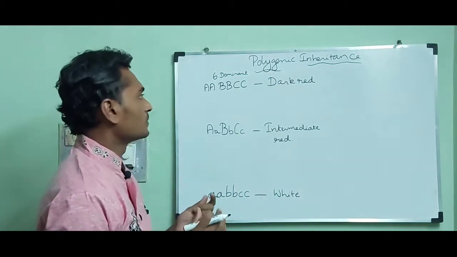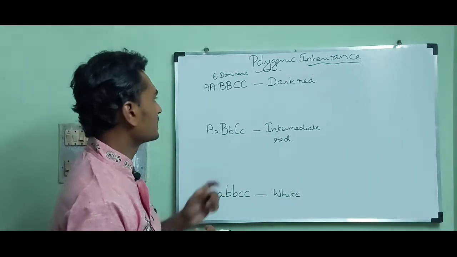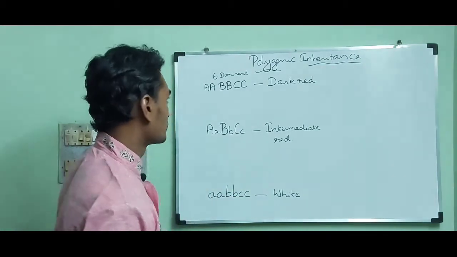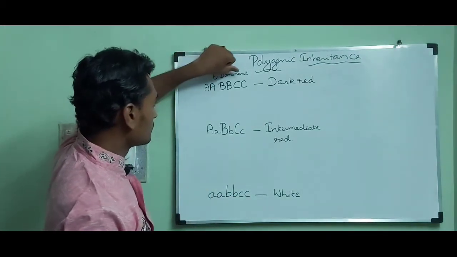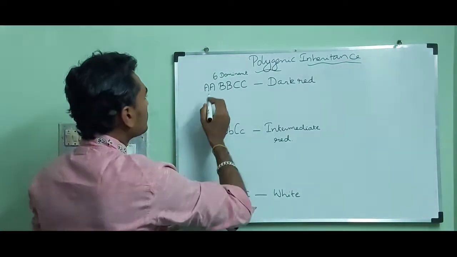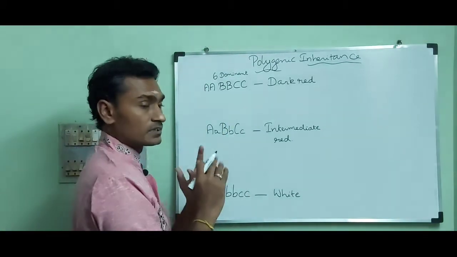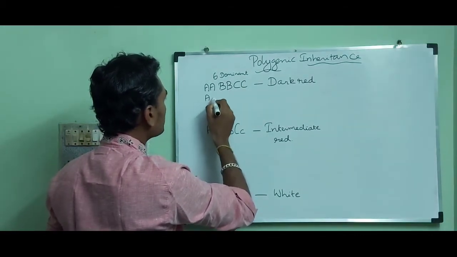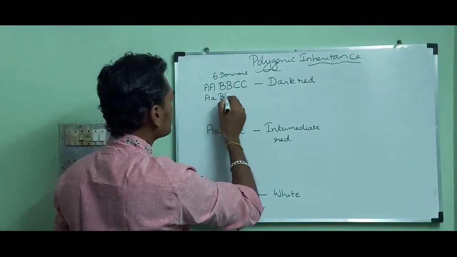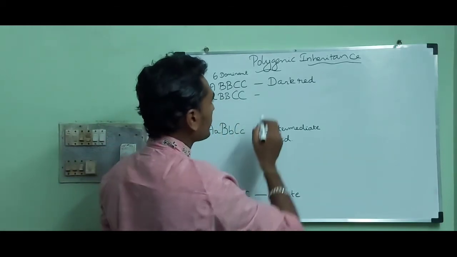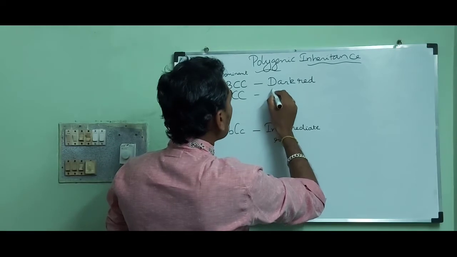Now we can predict the other phenotypes and genotypes. Here 6 dominant alleles are present. Then the next will contain 5 dominant alleles. So it may be capital A, small a, capital B, capital B, capital C, capital C, and it shows the phenotype moderate red.